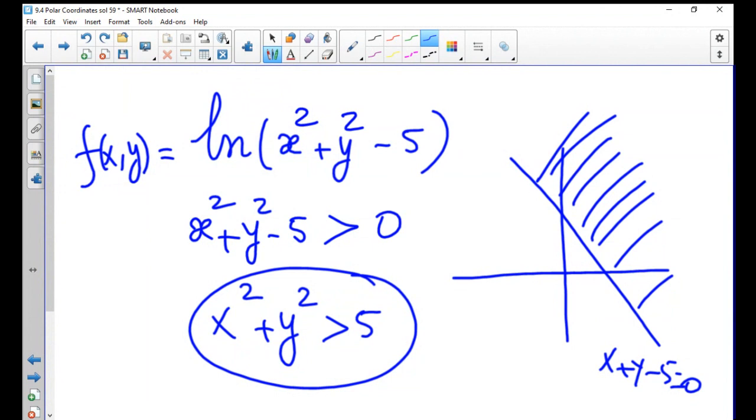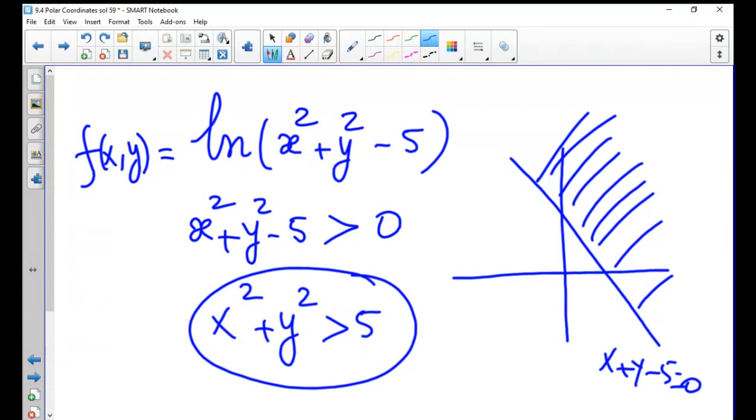A lot of you are asking why there is a 0 here. Why do you think this 0 came from? Where did it come from? Yeah, 4x squared, can you see this? 4x squared minus y.